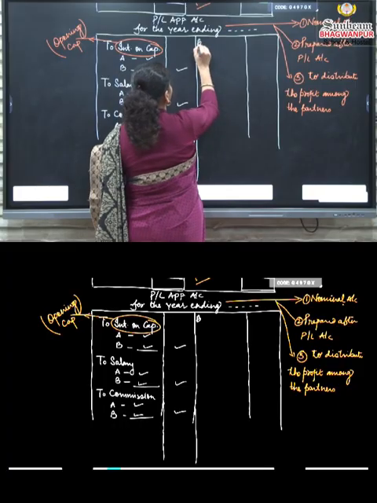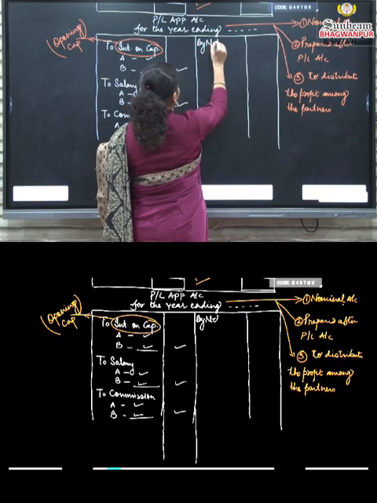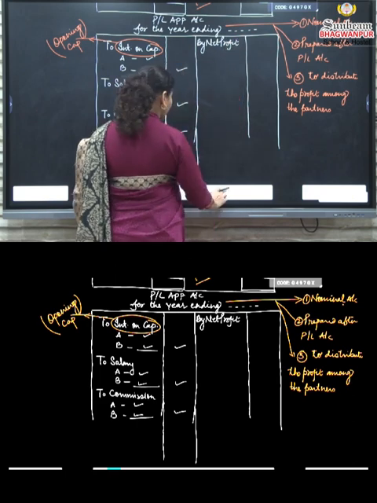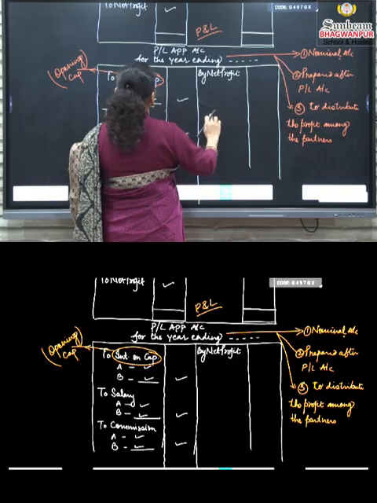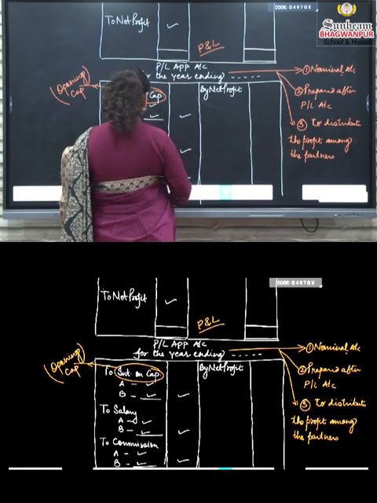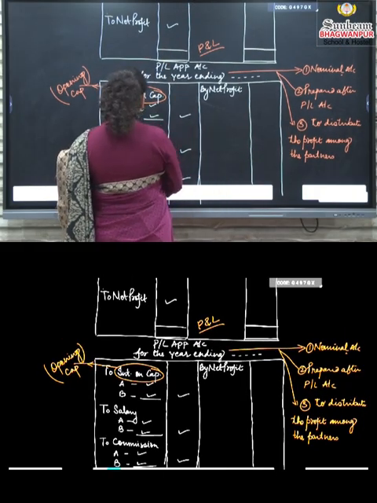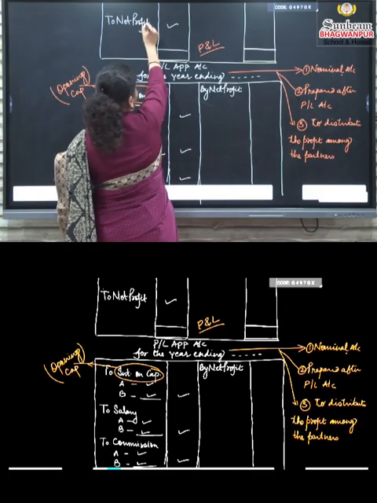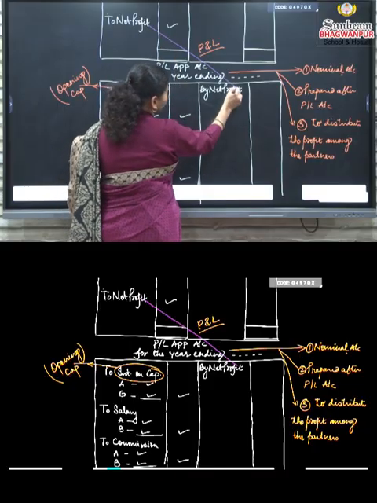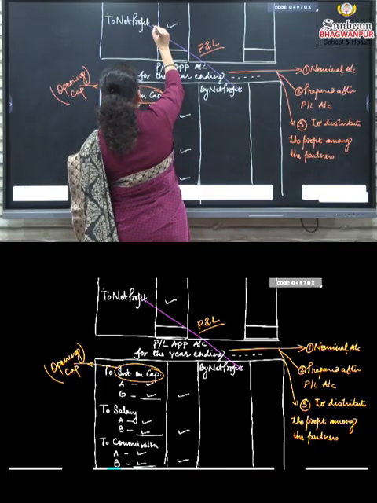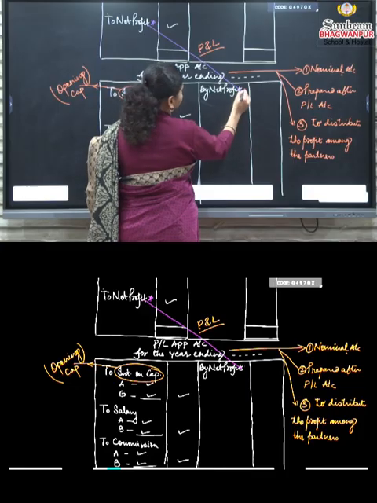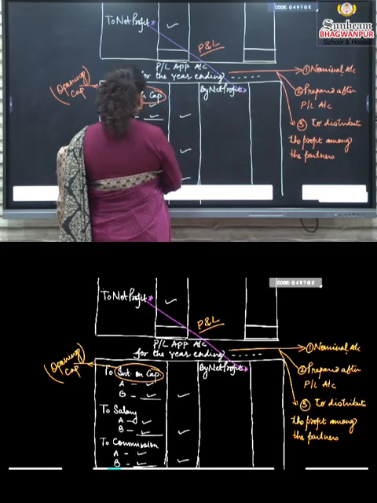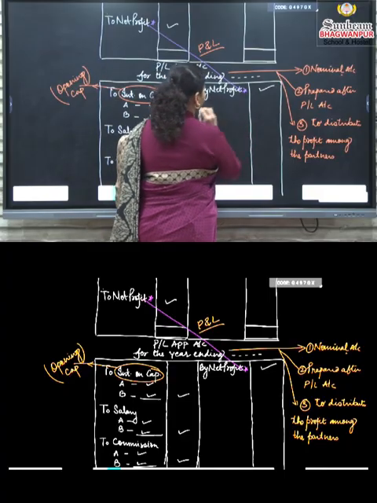Here we will write by net profit, which we have got from here. This has come from here, okay. I hope it is visible to all of you. So, here it is net profit.